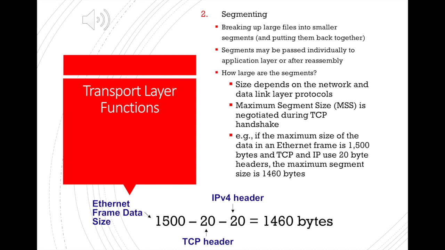For example, if the maximum size of the data in an Ethernet frame is 1500 and TCP and IP use 20 byte headers, the maximum segment size is 1460 bytes. Again, the maximum segment size is negotiated during the TCP handshake, and that's when the network speed and the type of physical medium is determined.